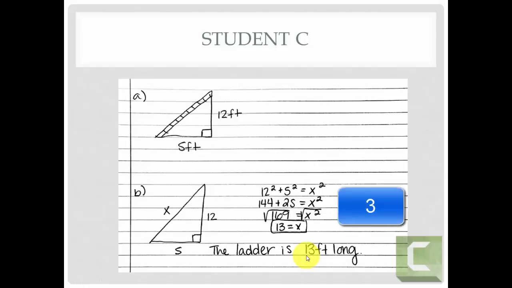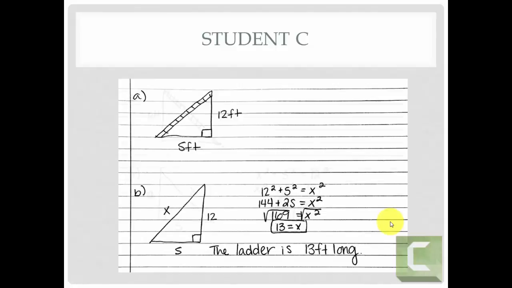So my feedback to them would be to point out that they're setting up the equation correctly, that they're evaluating their numbers correctly and solving correctly. But the only way to move on from here would be to be able to apply the Pythagorean theorem to other problems in the future. That's what they would need to do to earn a level 4 or the advanced level.